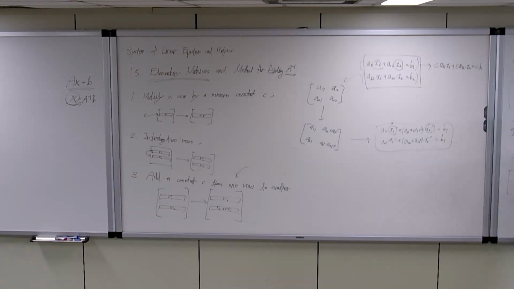Like if we want to get a diagonal matrix, then if we use only row operations, it might be hard.